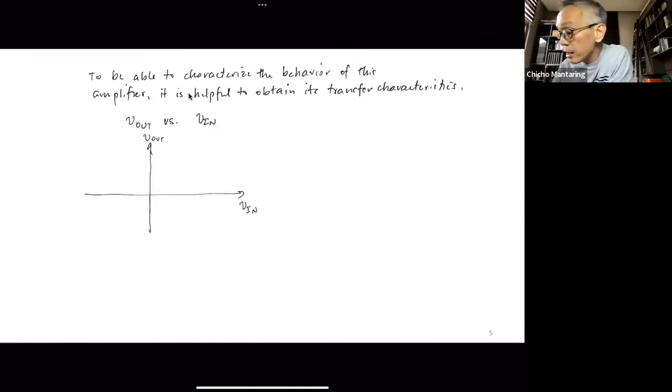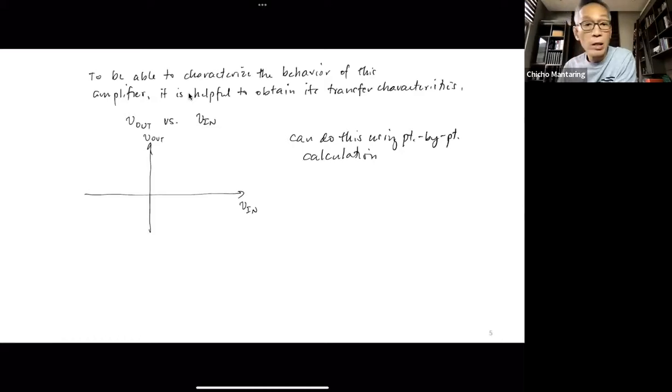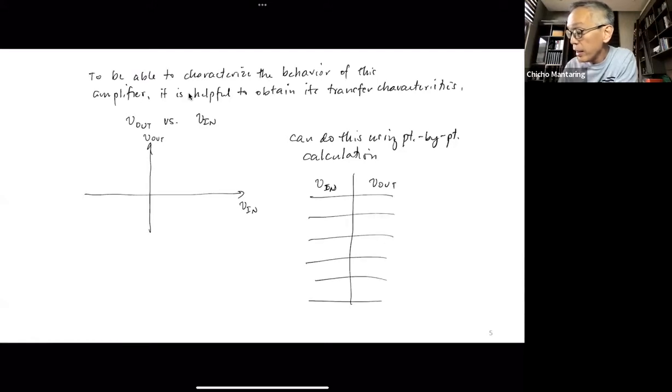And I can do this using point by point calculation. In other words, I will make a graph of V in versus V out, and come up with a plot of what that graph is showing.